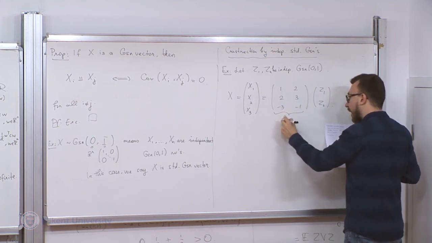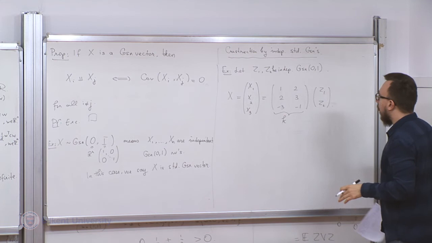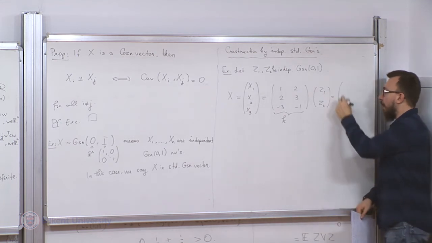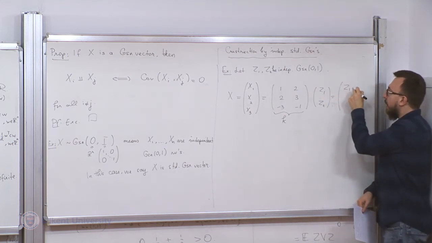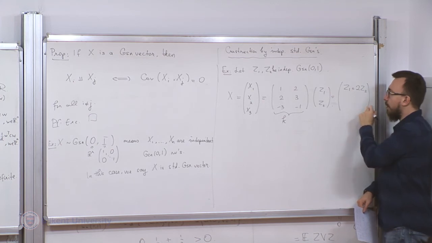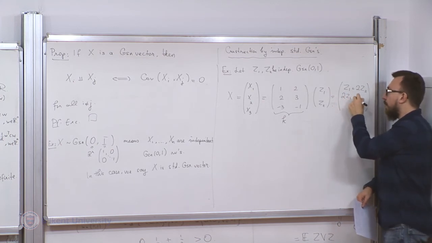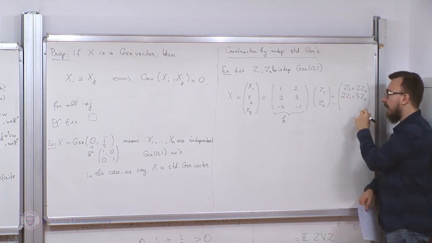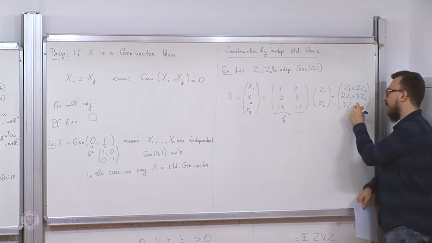Let's call it the K matrix, okay? Now what does that give me? Well, Z1 plus 2Z2, 2Z1 plus 3Z2, and minus 3Z1 minus Z2.